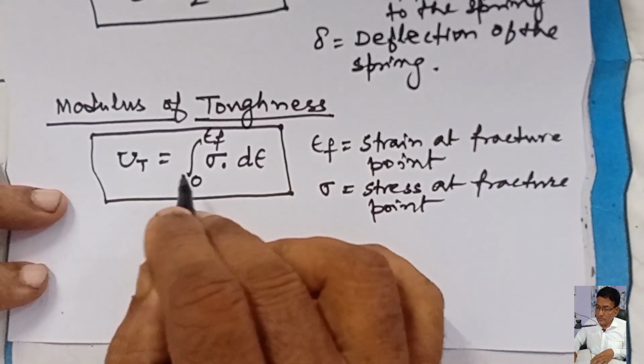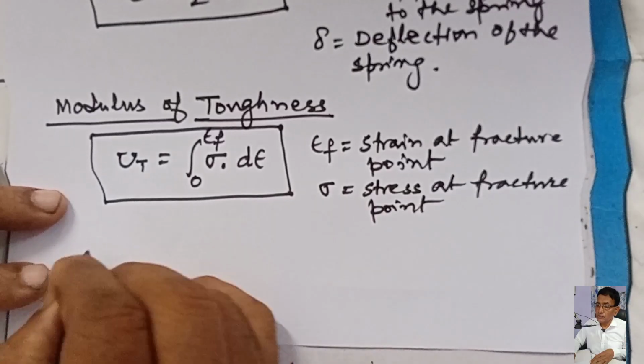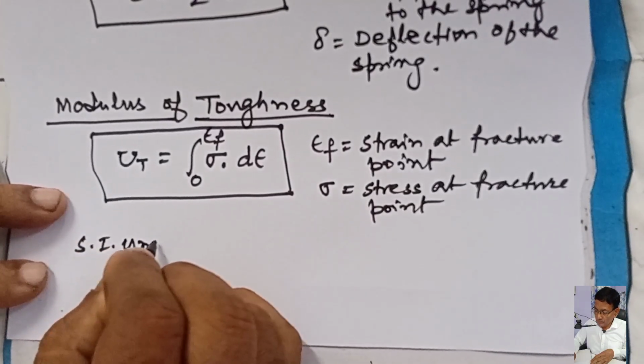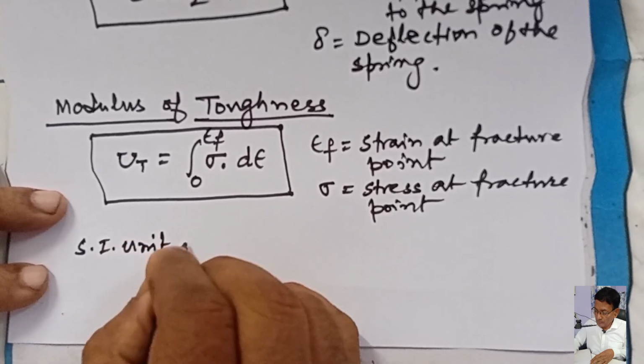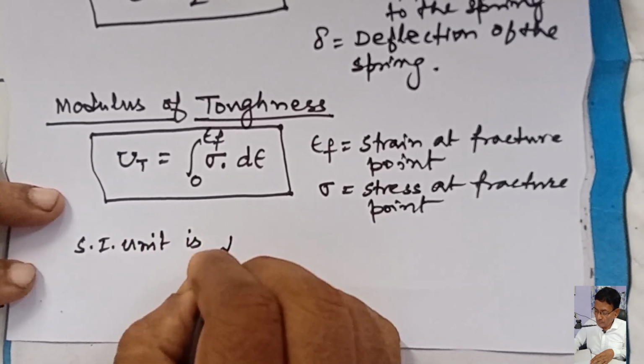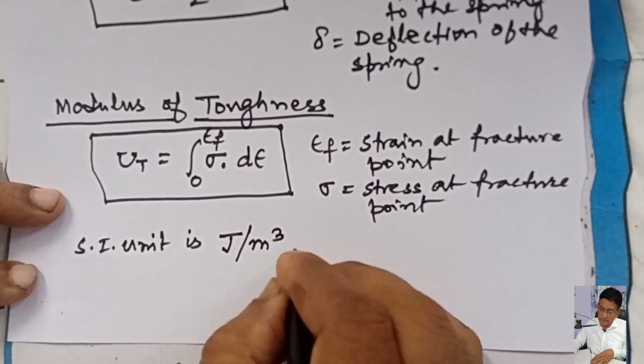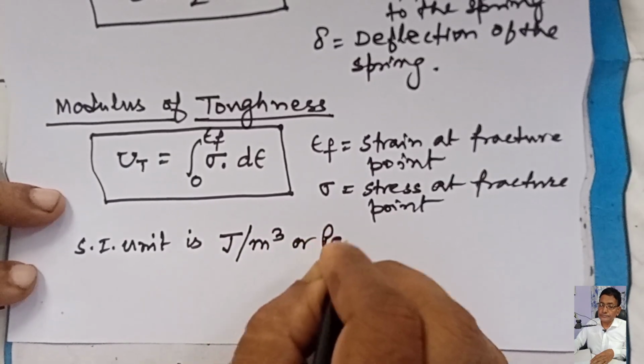SI units of modulus of toughness is joule per meter cube or Pascal.